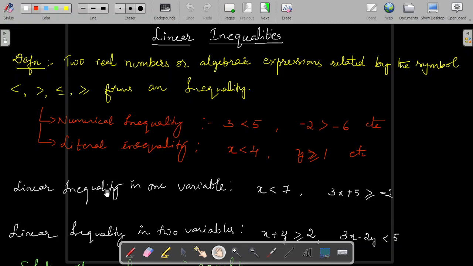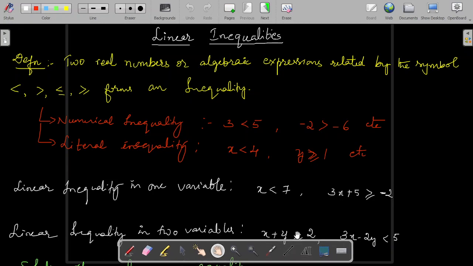Now, linear inequality means the power of the variable involved is always equal to 1. The degree of the variable involved is always equal to 1. A linear inequality in one variable looks like this: x < 7, 3x + 5 ≥ -2.